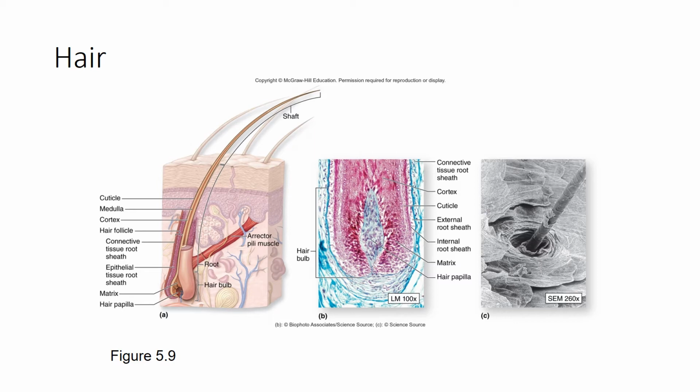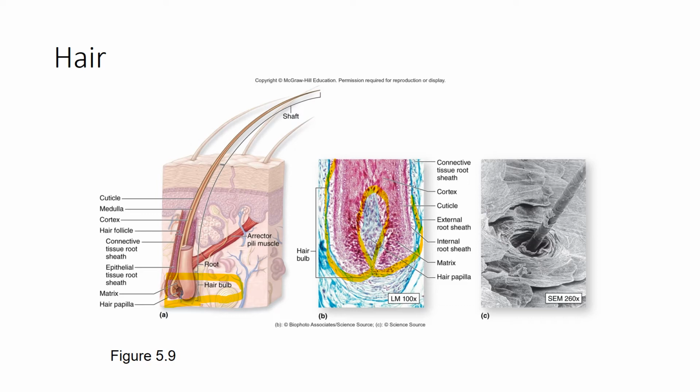The first is the hair bulb, an enlargement of the epithelial cells where the hair originates. In this picture, we have a layer of epithelial cells, and this is where the hair starts to grow from.